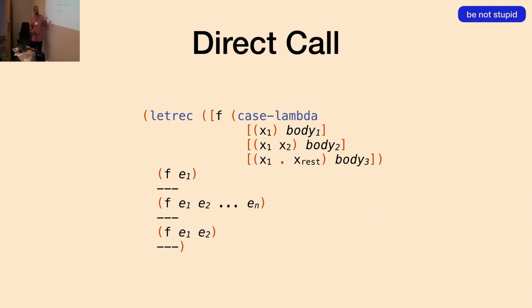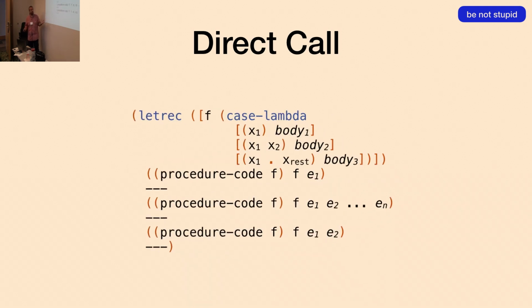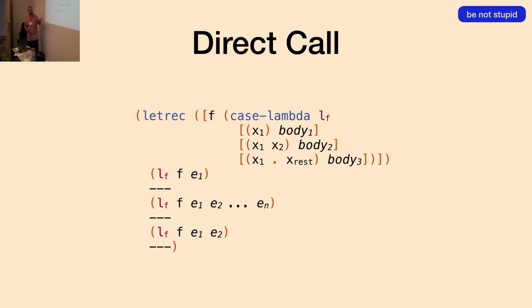So in the case of case-lambda, we have the same situation, right? We would call off to this procedure code. We could do the same trick. We could just put a label in here, which is the label for our entry point. We'd have to set the number of arguments that we're passing when we do that, because this label here doesn't just jump into one of these bodies.